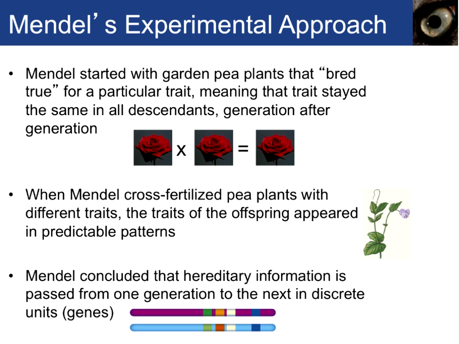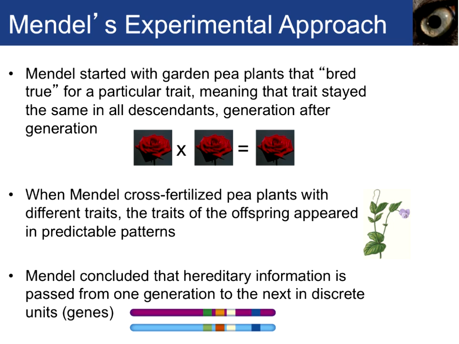So when Mendel cross-fertilized pea plants with different traits, such as different flower colors, the traits of the offspring appeared in predictable mathematical patterns. And so he concluded that hereditary information is passed from one generation to the next in discrete units.